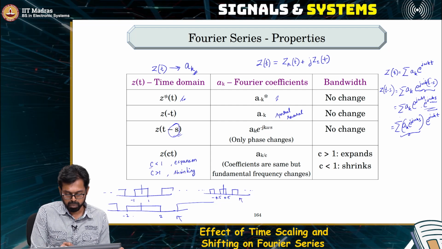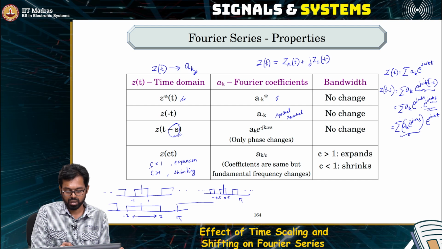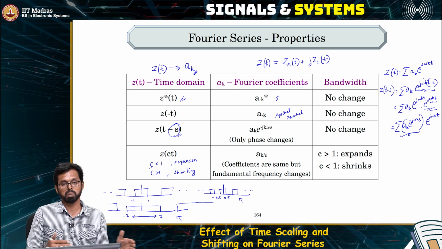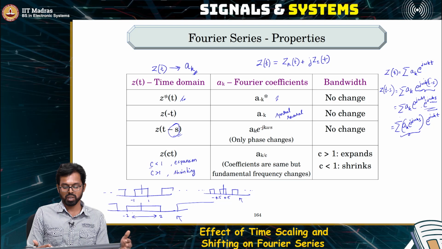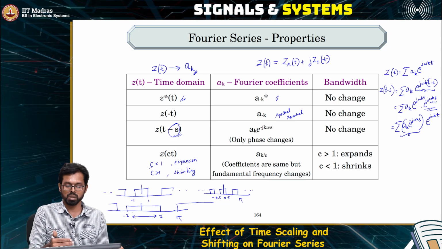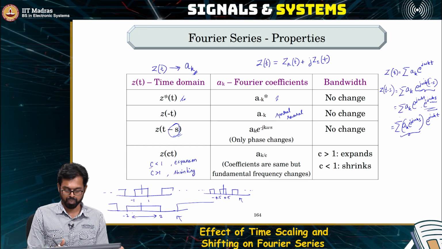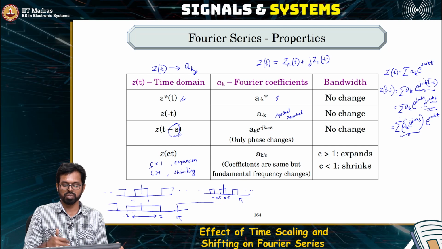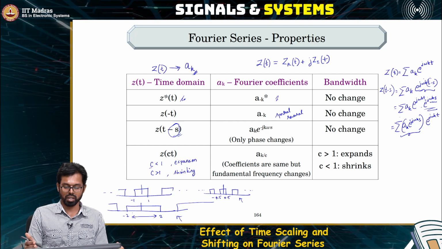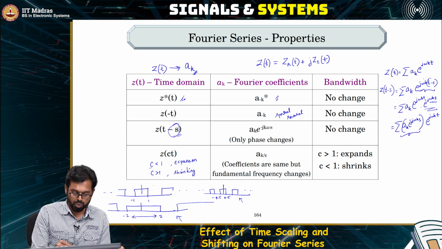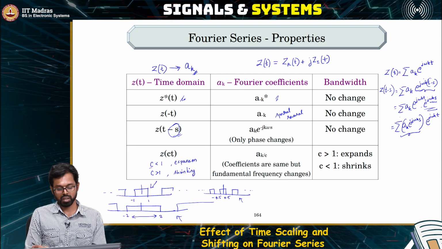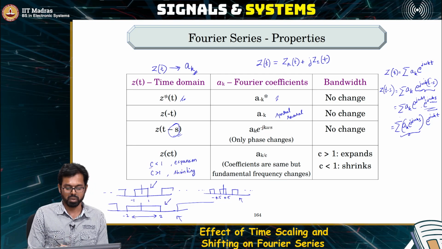As you can see here, the period expands when there is an expansion. Because the period expands, what happens to the frequency? Frequency reduces. How often the signal repeats itself has reduced, which means the frequency which was higher earlier now becomes smaller. So, if it was 1 radian per second here, now it becomes half a radian per second.